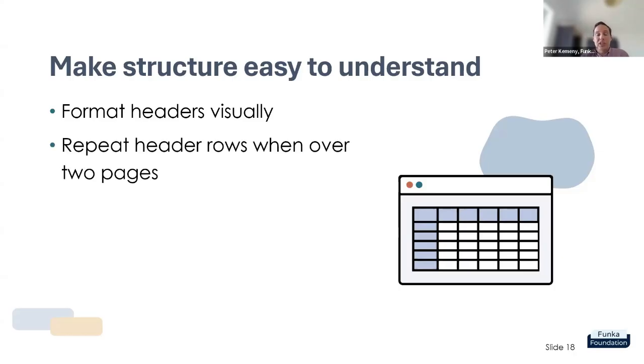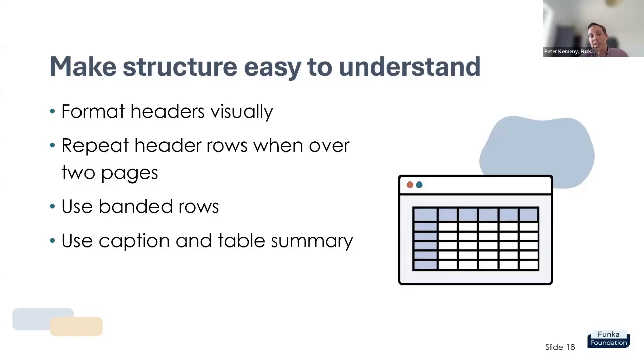If your table spills over to another page, then repeat the header rows on both pages. Word, for example, has a built-in function for that. And use banded rows, meaning that every second row is shaded slightly, so it's easy to differentiate between the different rows. It makes tables easier to understand for users with certain cognitive impairments.